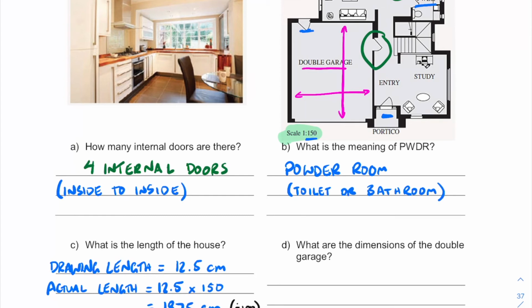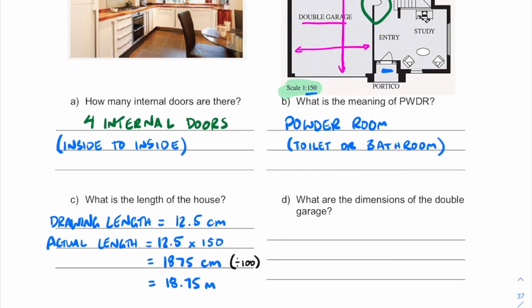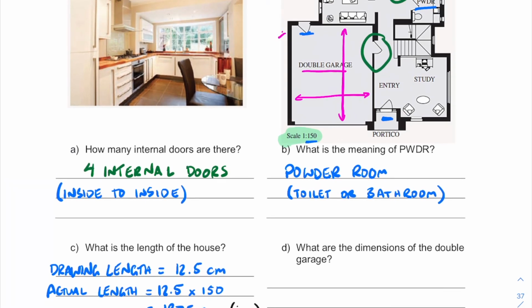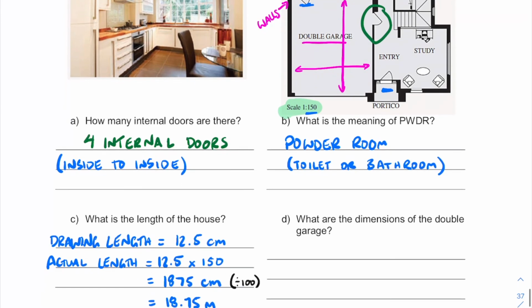Jump on the ruler. And the tip I'll give you for this one is we're looking for the insides of those lines. So those thick lines here are the walls. Okay, we don't want the walls, we want the inside dimensions. So we're going to use the inside of the lines.